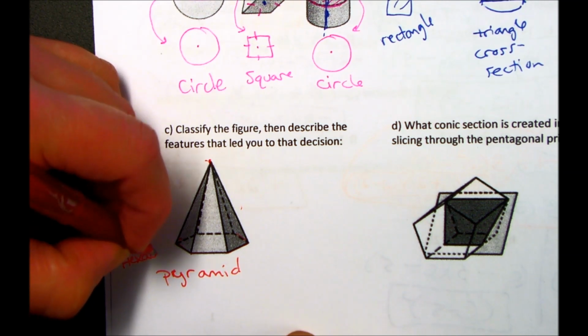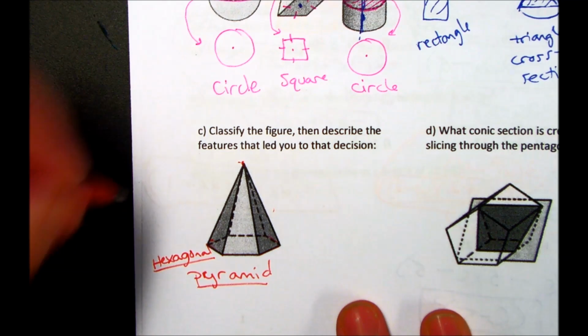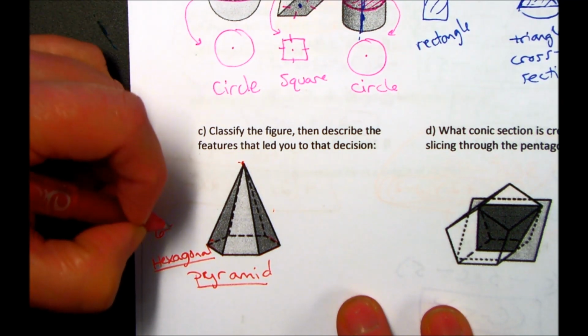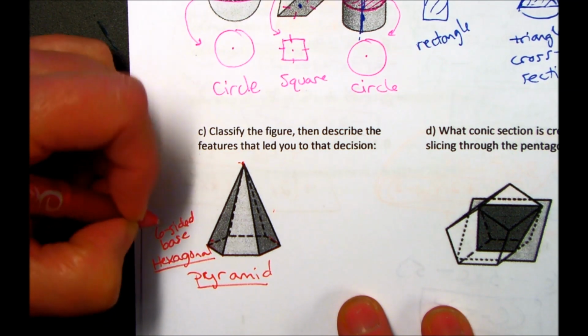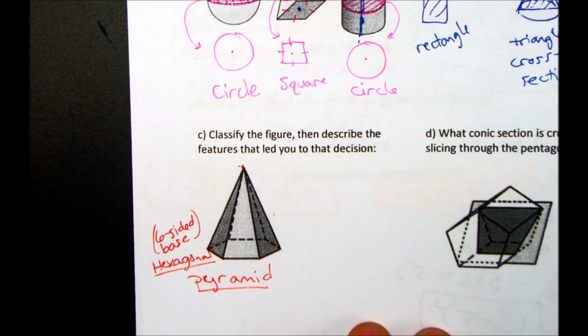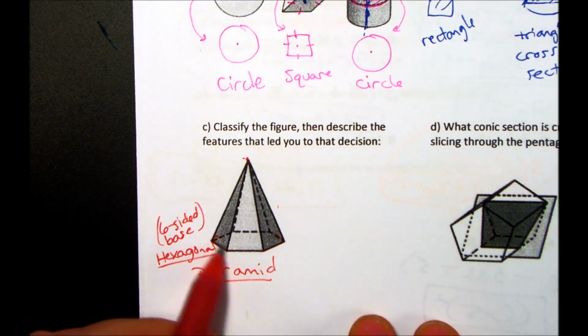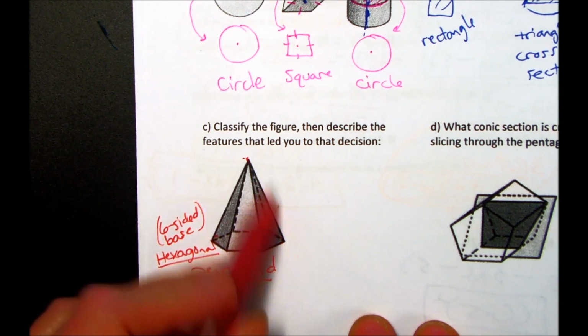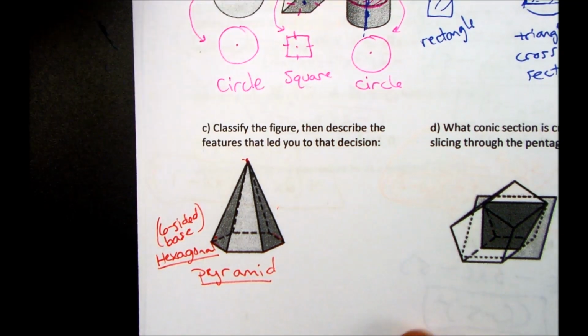So we would say a hexagonal pyramid. Again, hexagonal because it's a 6-sided base. So that's my classifying, and to describe the features, it has one base that is a hexagon, and the lateral surfaces are all triangles.